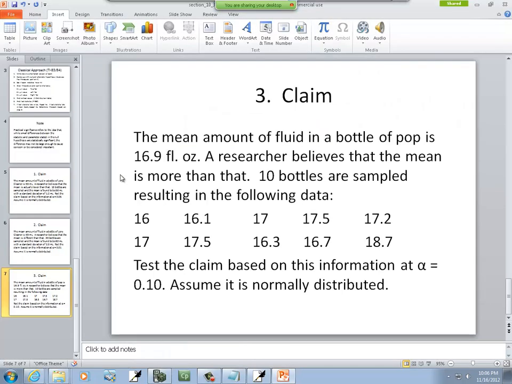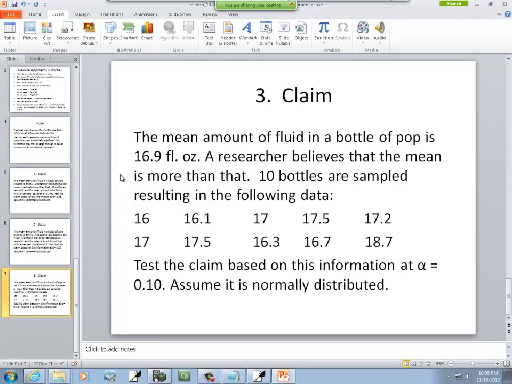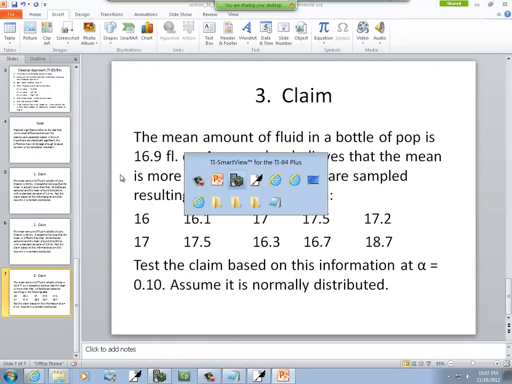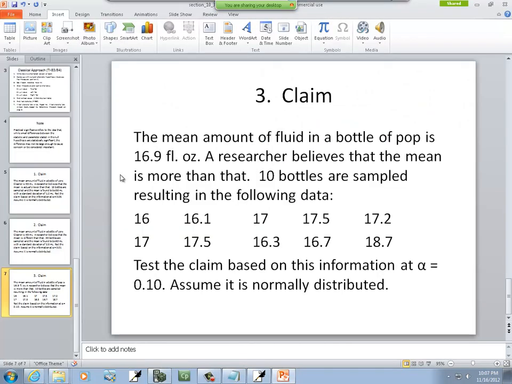Okay, 18.7, 16.7, 16.3, 17.5, 17, 17.2, 17.5, 17, 16.1, and 16.